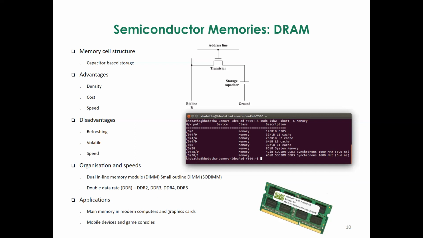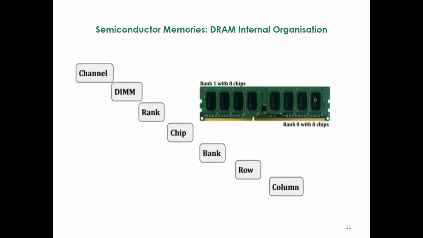Okay, of course, it's used in your laptop. It's used in your graphics card. It's used in many modern devices that we have in use daily. So internally, this is how it is organized.